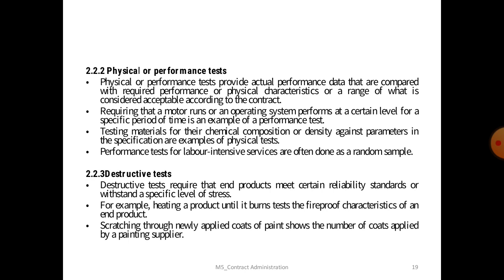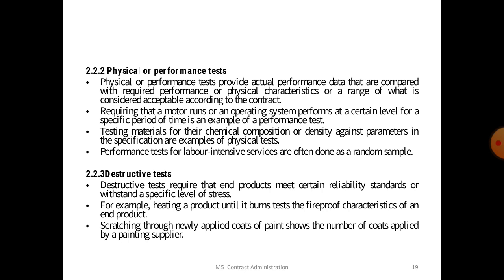Second is physical or performance tests. Physical or performance tests provide the actual performance data that are compared with the required performance or a physical characteristic or a range of what is considered acceptable according to the contract.